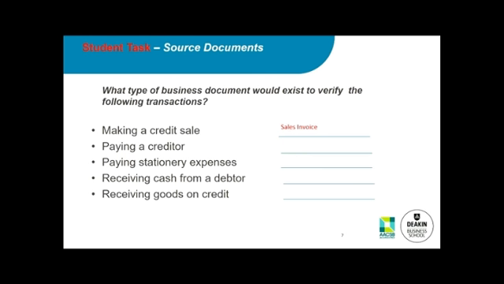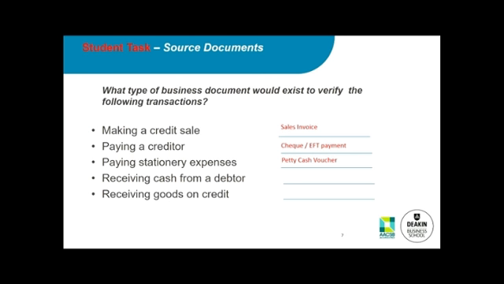What about paying the creditor? Yeah, it could be an EFT payment or a cheque, depending on how you choose. What about the stationery? Yeah, or it could be petty cash. Again, it depends on how much the stationery is.